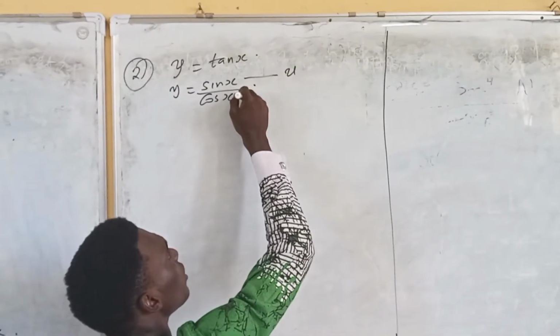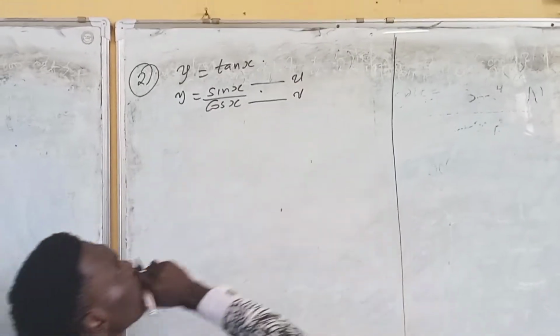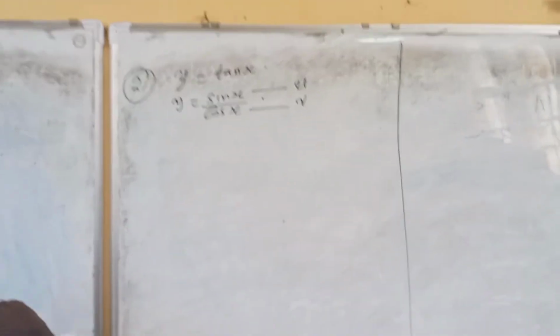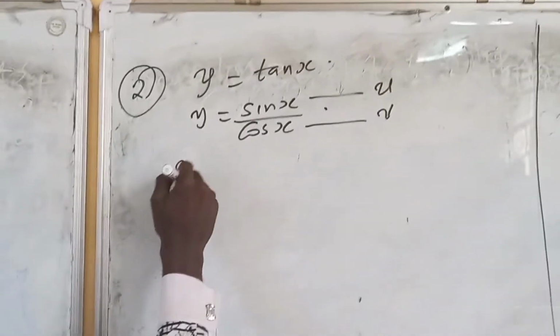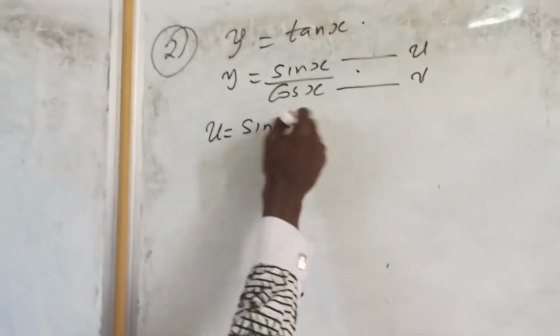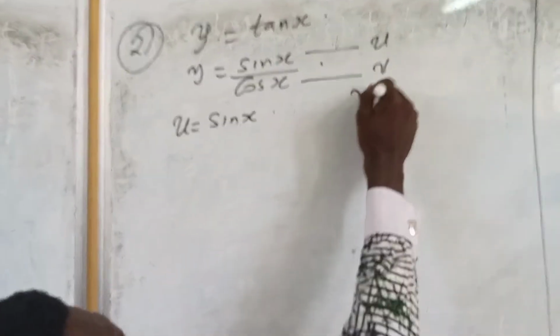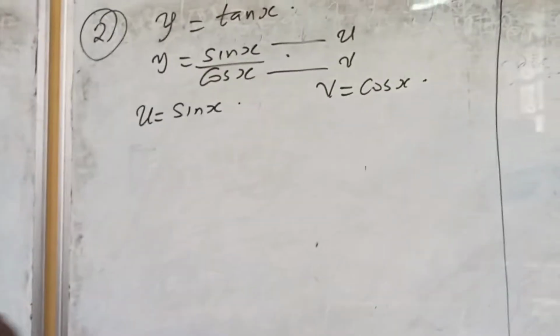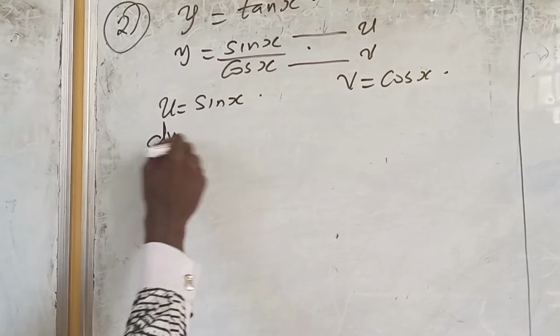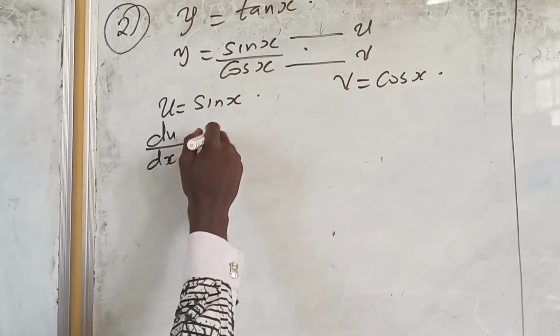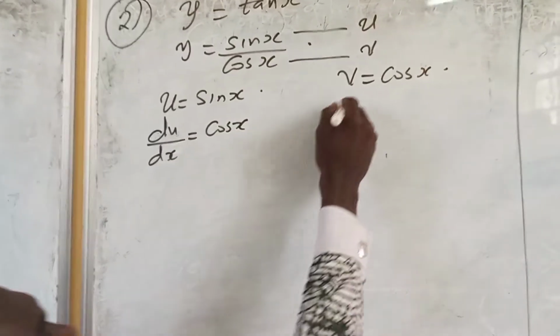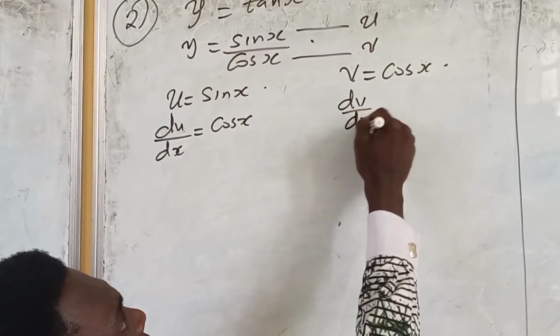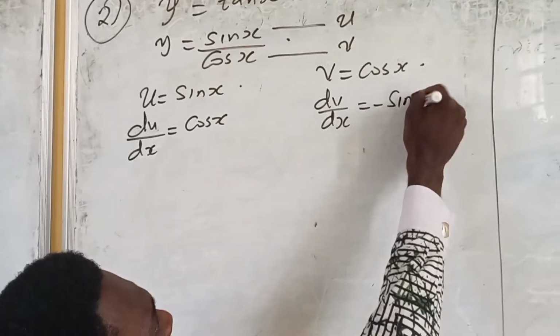Since it's a quotient rule problem, our u is the numerator and our v is the denominator. So u equals sin x, then v equals cos x. Then du/dx will give us cos x, then dv/dx will give us minus sin x.